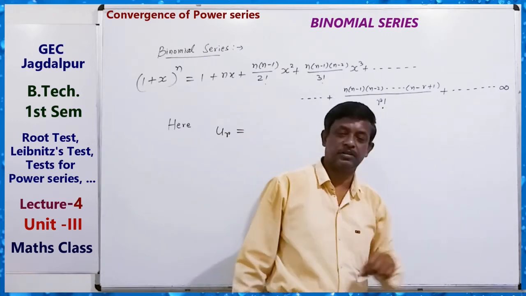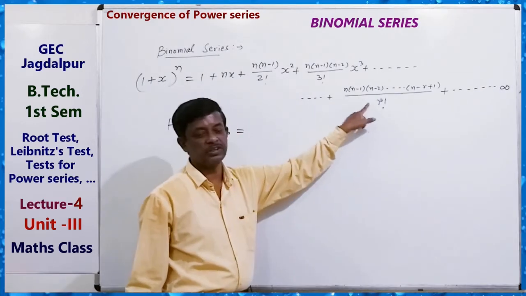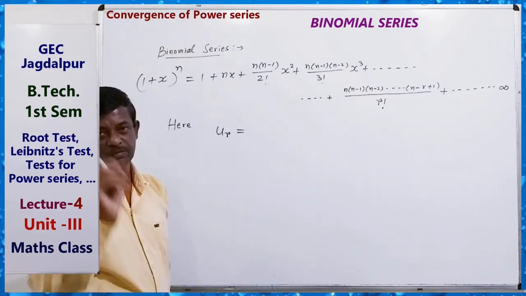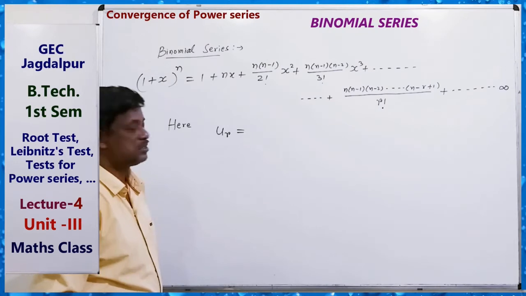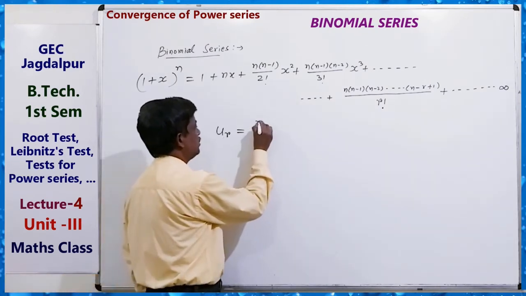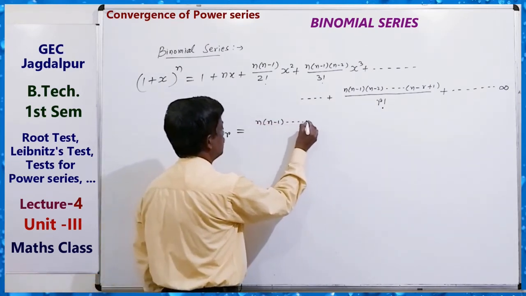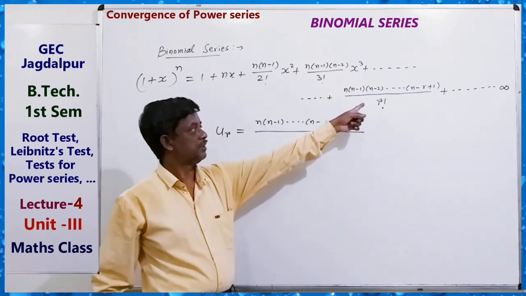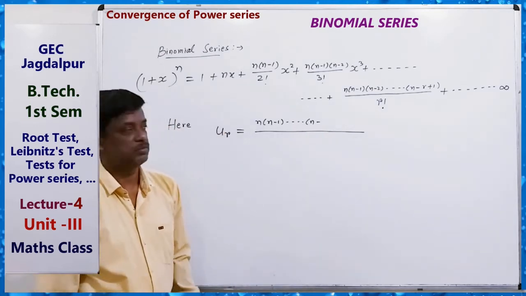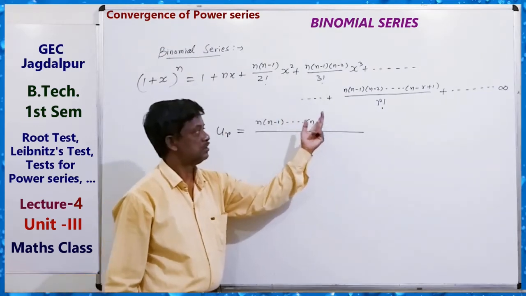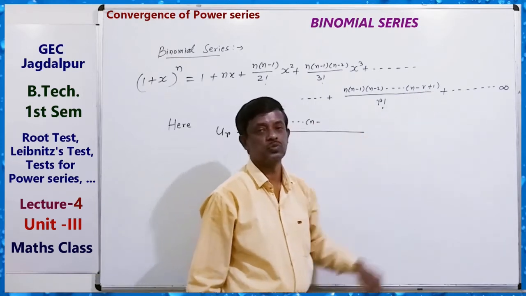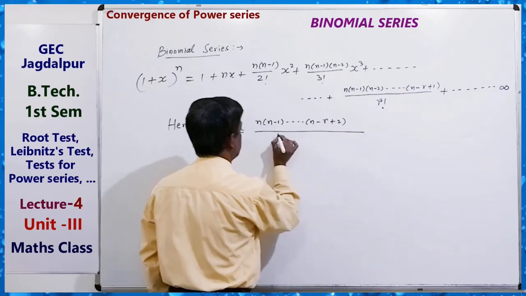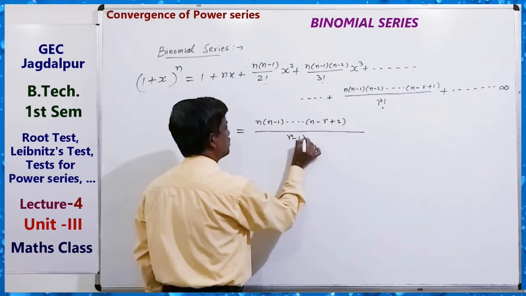The rth term is n minus 1 up to n minus r plus 2 upon r minus 1 factorial.